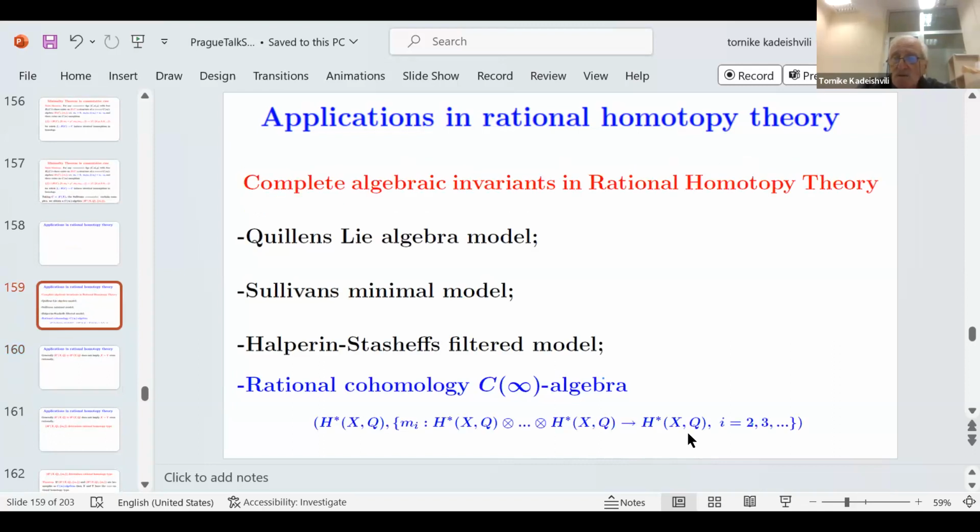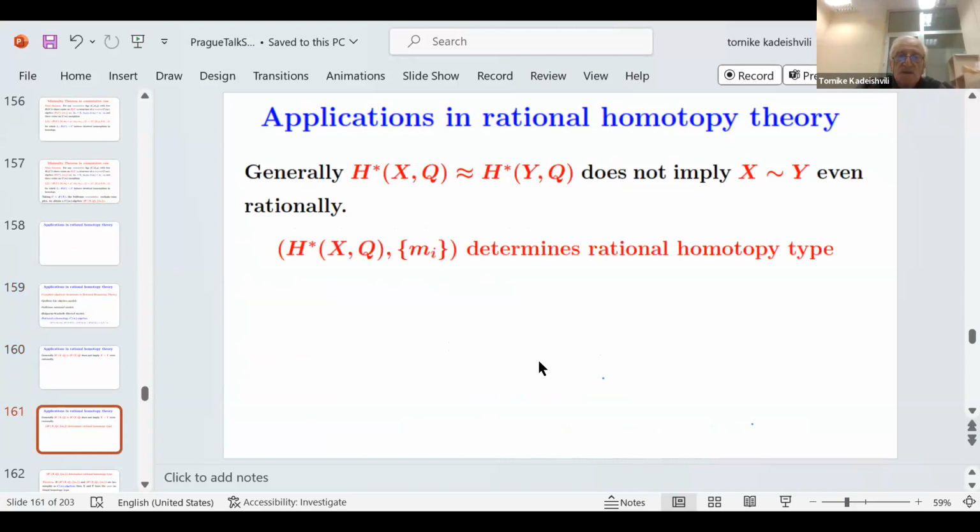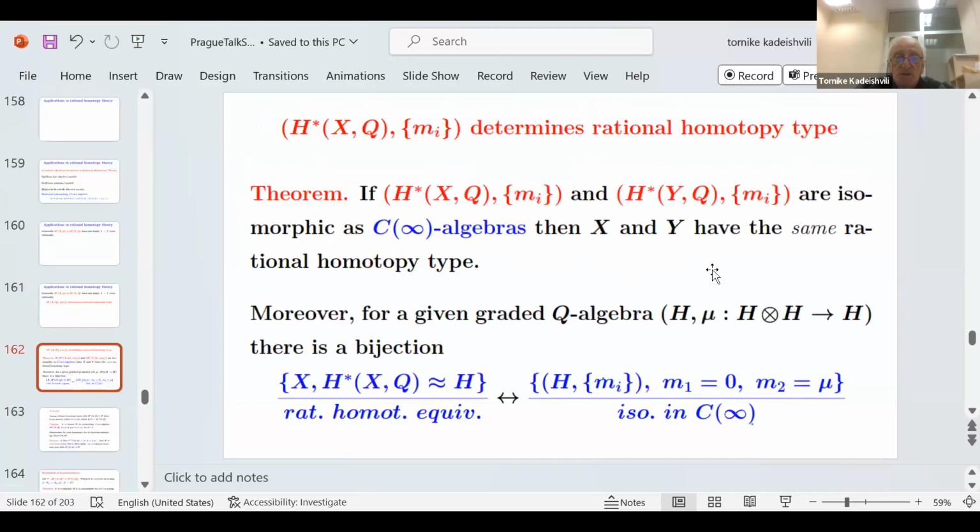Why so? Two topological spaces, X and Y, rational spaces, are equivalent if their cochains AX and AY, at chain level, are weakly equivalent. But they are weakly equivalent if their homologies are C-infinity equivalent. Trivial result, it trivially follows from Sullivan's. And so it determines the rational homotopy type.